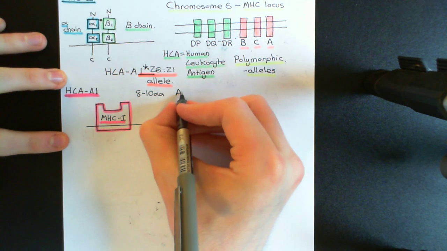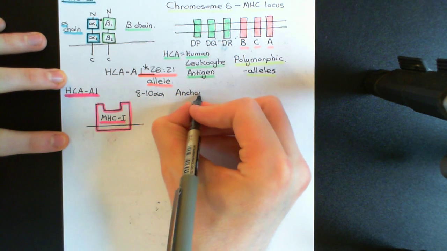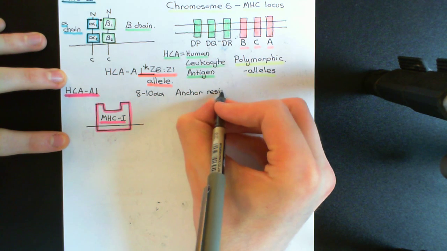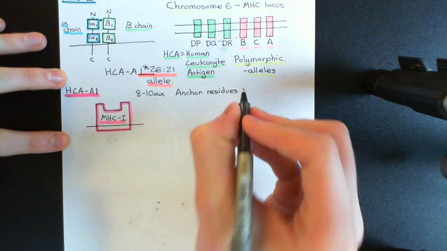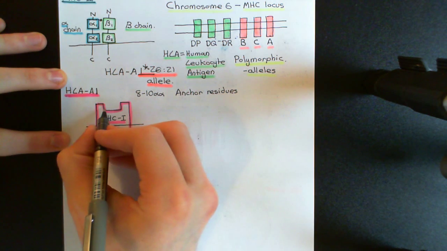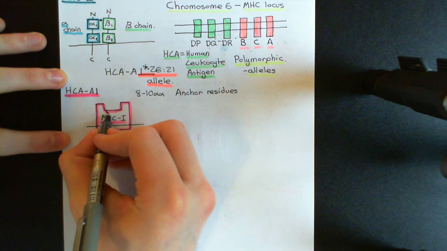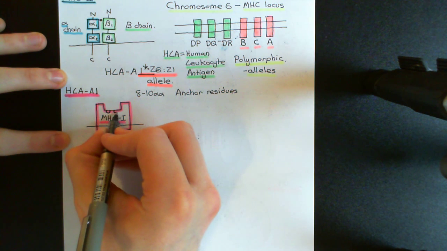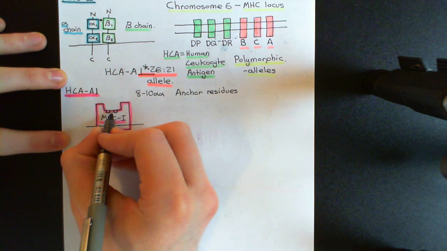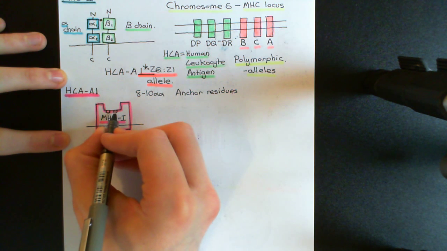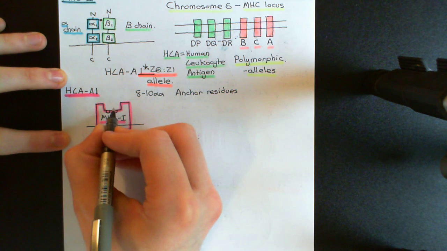So this is the concept that is referred to as the concept of anchor residues needed in the peptide fragment. So the idea is this: on the surface of the peptide binding groove, there are certain little pockets that certain amino acid residues have to stick into in order for the peptide fragment to be able to bind here.